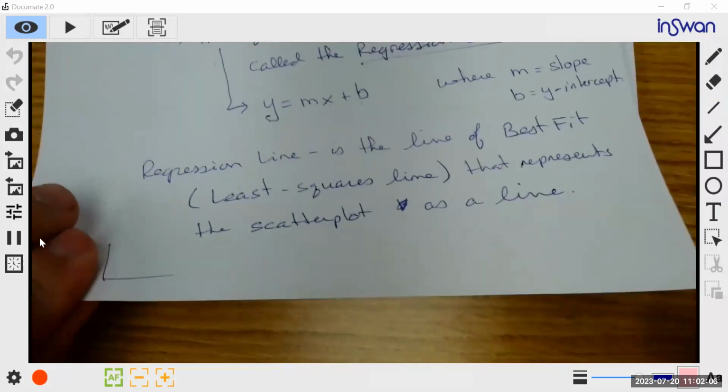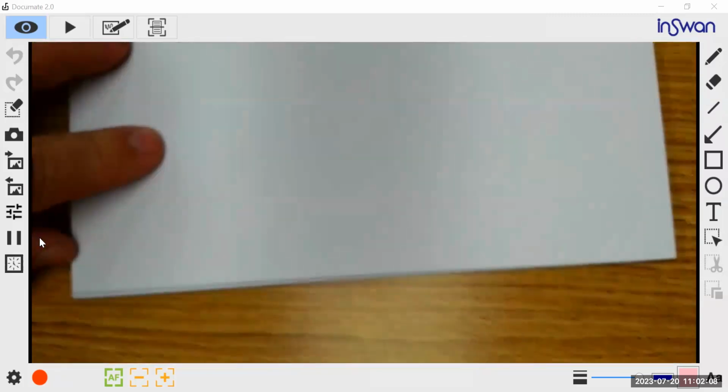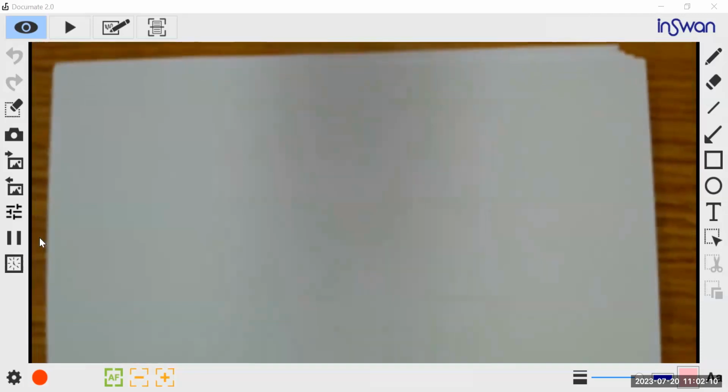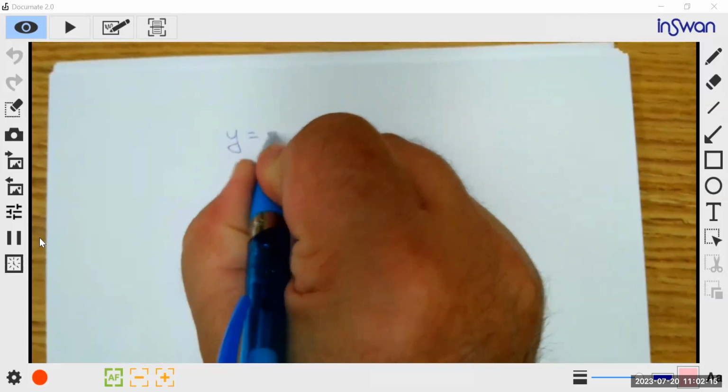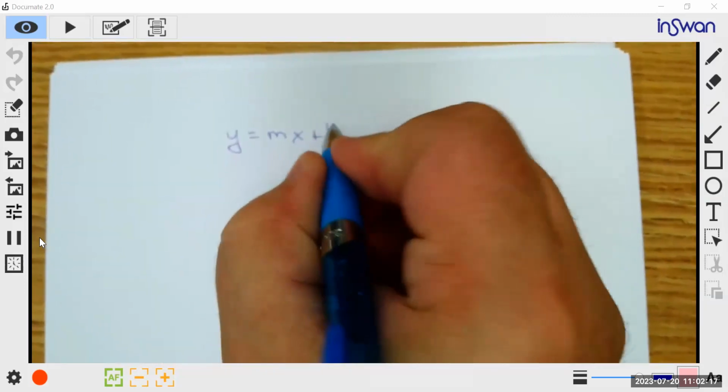The linear equation is y equals mx plus b.